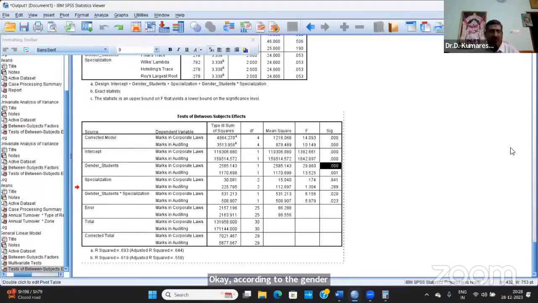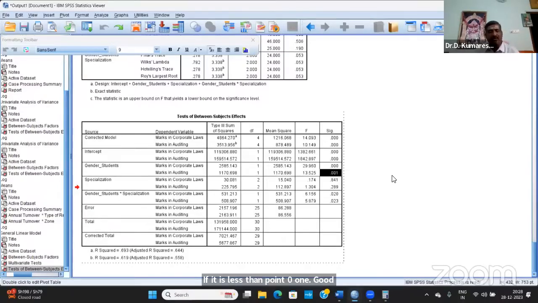Similarly, marks in auditing, the p-value is 0.001. That is also less than 0.01. If it is less than 0.01, the result is significant.